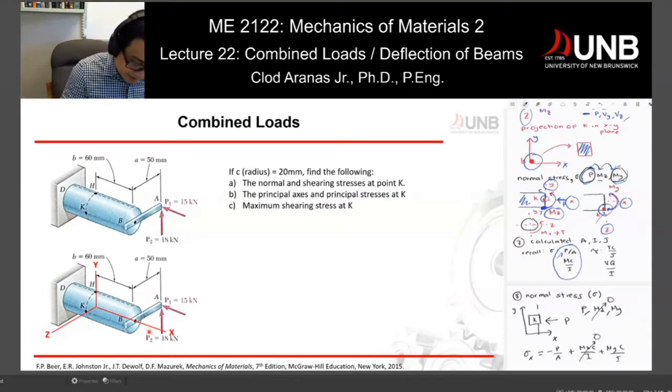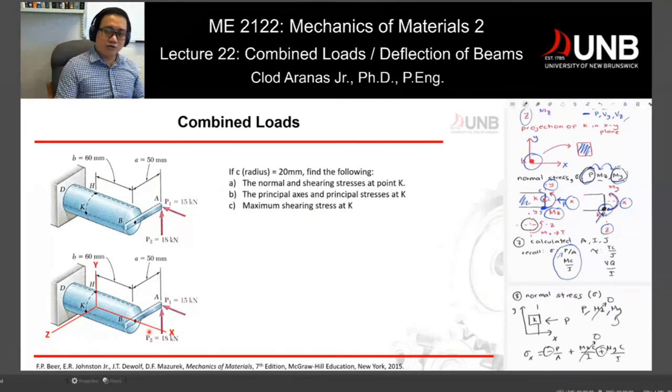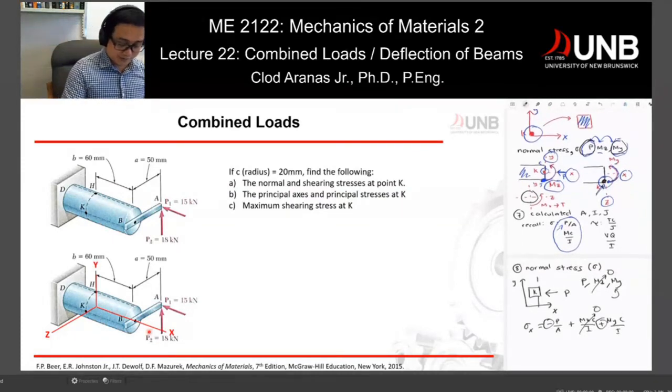We know that M sub Y is a counterclockwise rotation, which means at point K, I'm pulling my point K and then pushing it right here, which means it's a positive number. So here you have to be very particular if you are adding two normal stresses or subtracting them from each other.